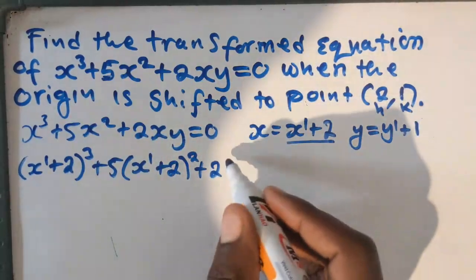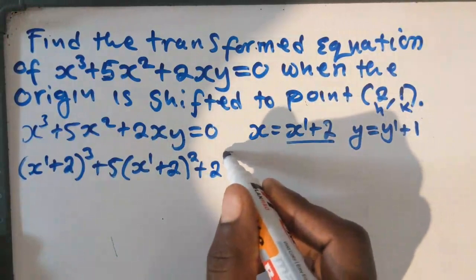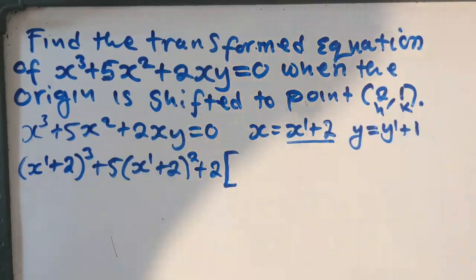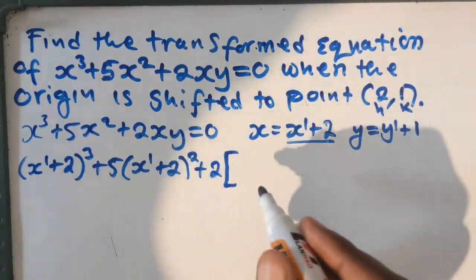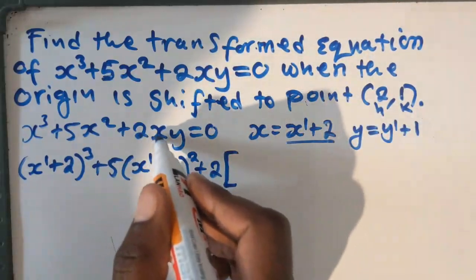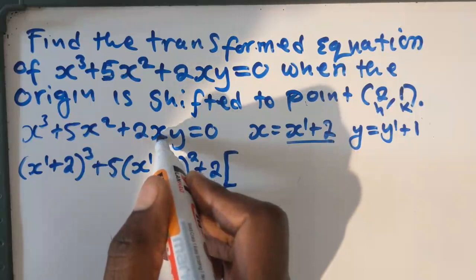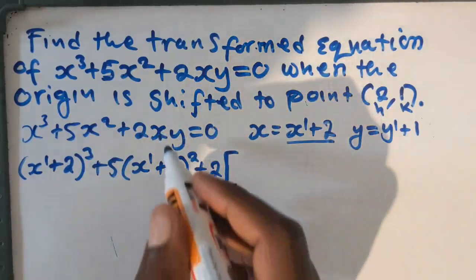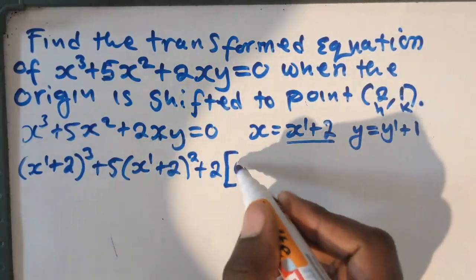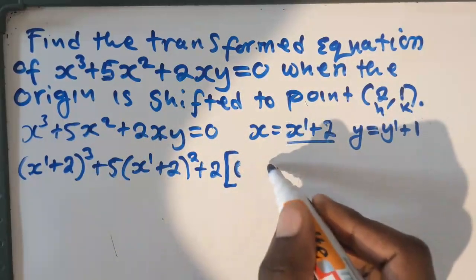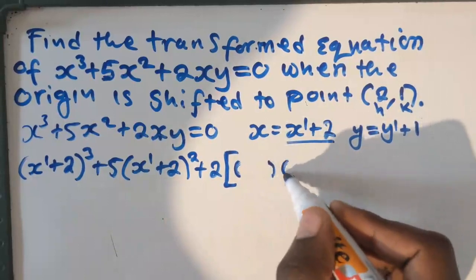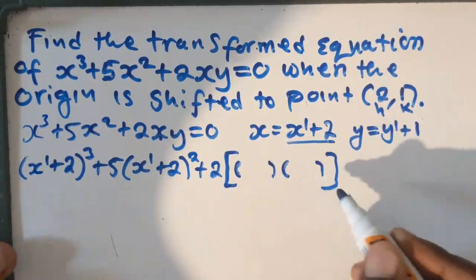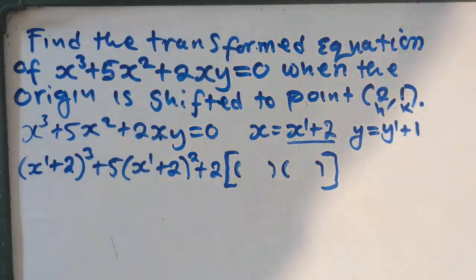Therefore, what you are supposed to do is put a large bracket to show what you're doing. So this 2 is multiplying by that x, and it is also multiplying by that y. So you make 2 brackets inside: the bracket for x and the bracket for y.